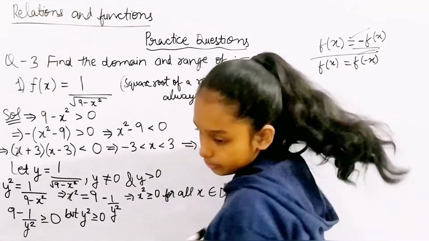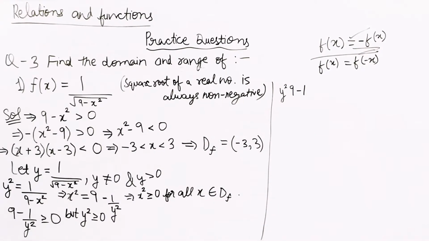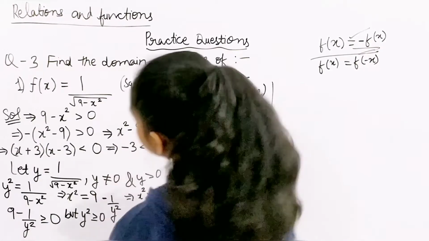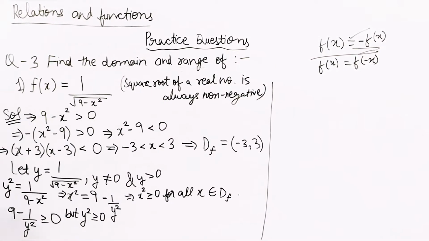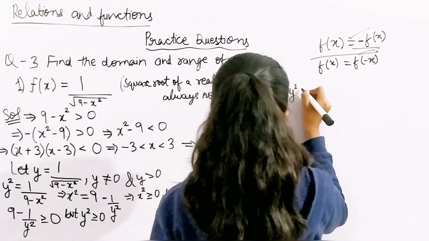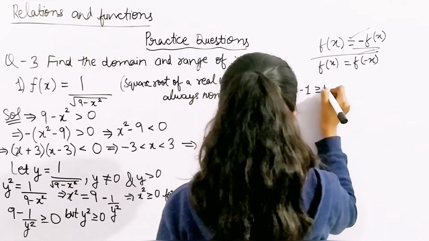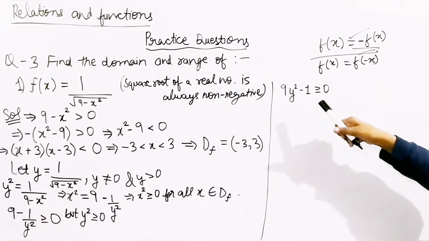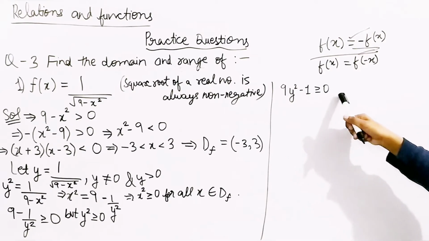Oh, let me write it again. Okay, 9y squared minus 1 is greater or equal to 0.